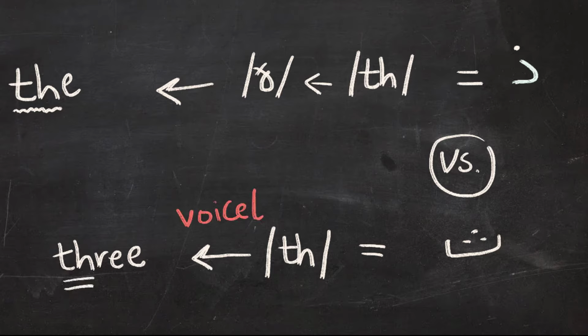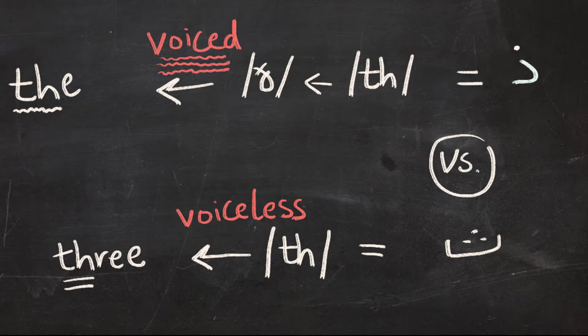We said that th could be compared to th also, but the difference is that the th of three is a voiceless sound. Voiceless means that you don't use the vocal cords while you pronounce it, while the, which is in today's lesson, is a voiced sound, which means that you use your vocal cords to pronounce it. So if you put your hands on your throat, you're going to feel a vibration of your vocal cords while you pronounce the sound the.